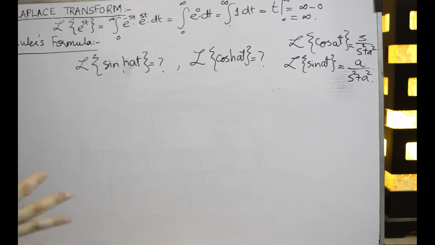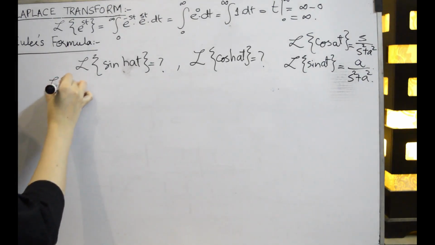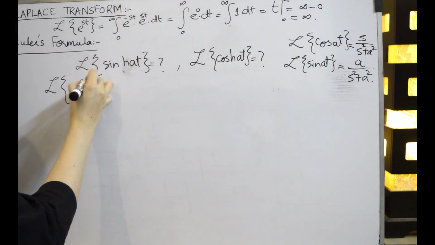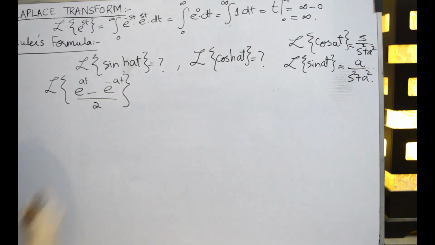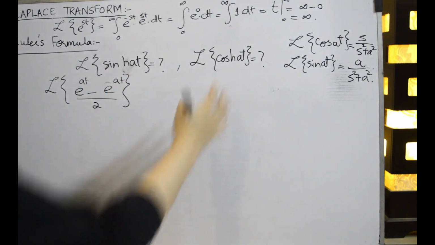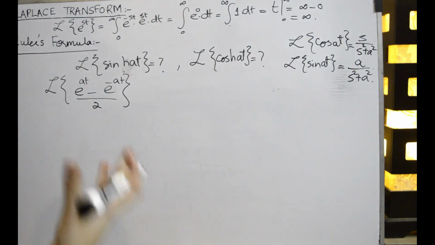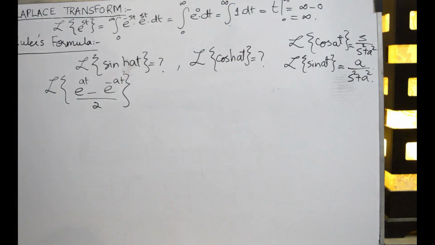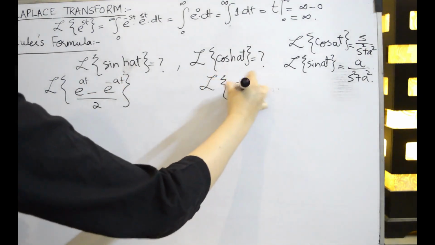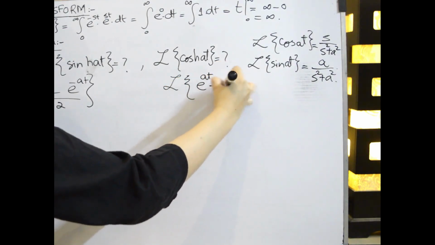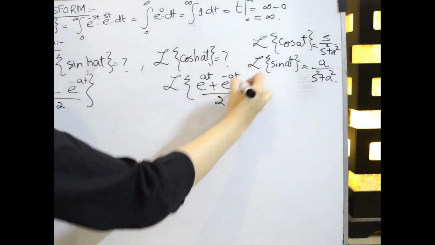So here x is at. So you have to replace it: Laplace of e to the power at minus e to the power minus at divided by 2. Also cos hyperbolic x is e to the power x plus e to the power minus x divided by 2, so Laplace of e to the power at plus e to the power minus at divided by 2.